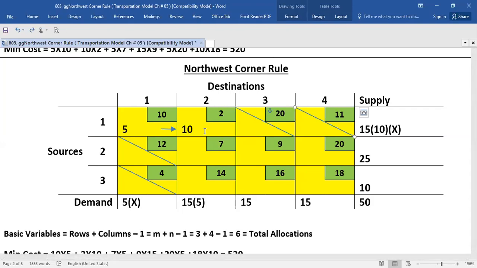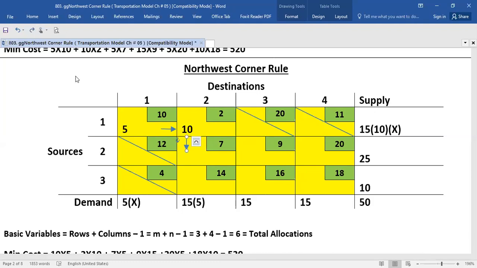Now you will move to the third allocation. Here you will move to the connected cell. Here you cannot move. It has an indication that you cannot make any allocation in this cell. Now you will move down from this cell. This is the connected cell, which is also blank, and you will move to this cell, making an arrow to indicate that you are moving down.